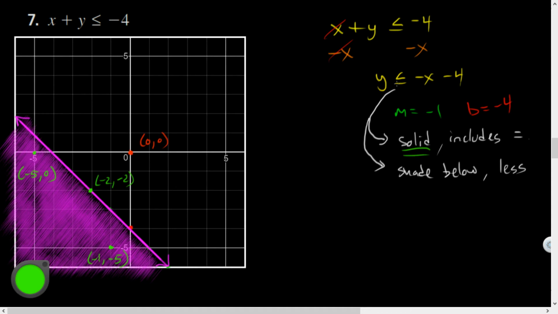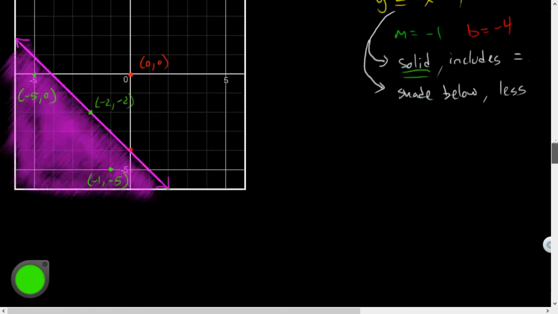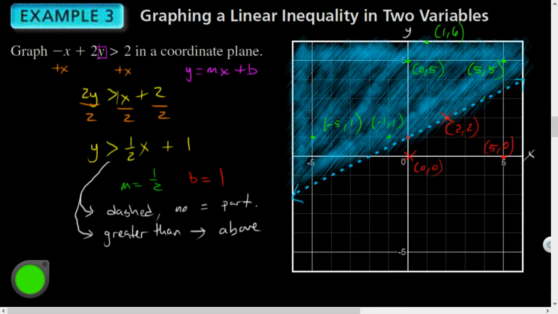If it includes the equal part, that means the points on the line count. If it doesn't have the equal part, then the points on the line would not count. Dotted lines are when, notice this didn't have an equal part, so it's dashed because there was no equal part, right?